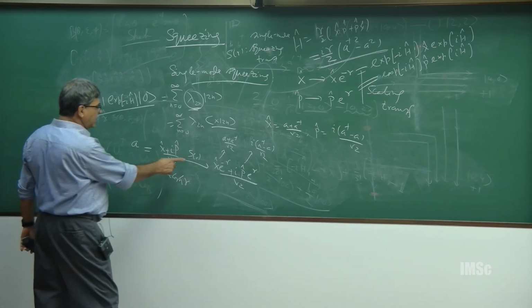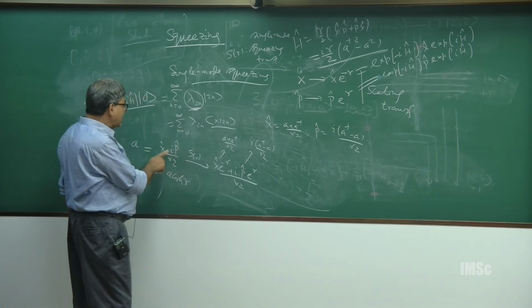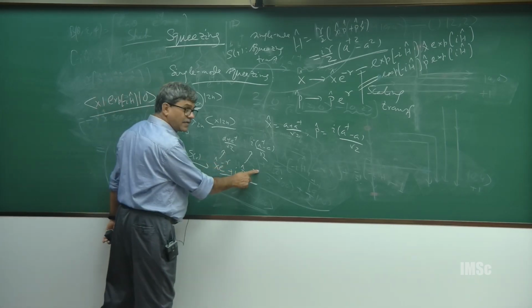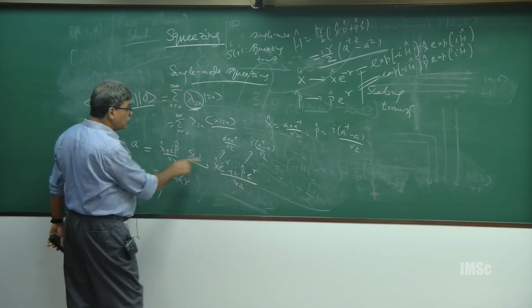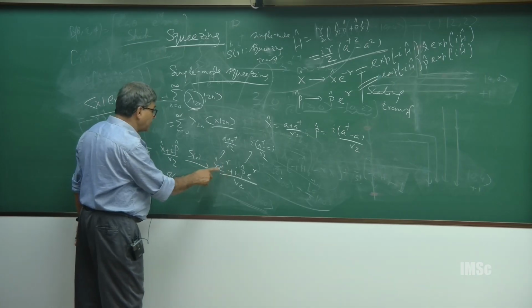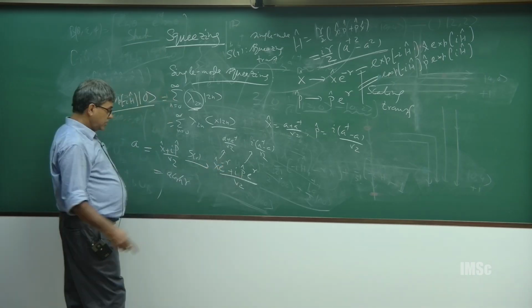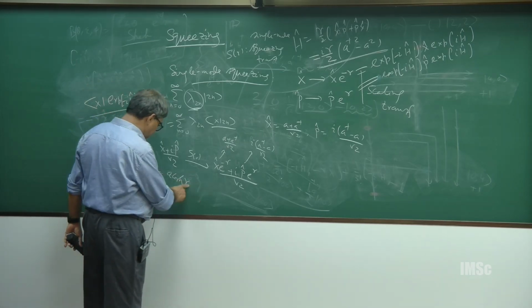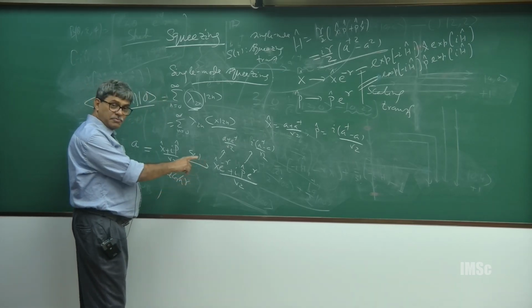You apply the squeezing transformation, which is a scaling transformation: x goes to x e to the power minus r, p goes to p e to the power plus r. So a will go here and then you re-express it in terms of a and a dagger, x and p. What will be the coefficient of a dagger, plus or minus?